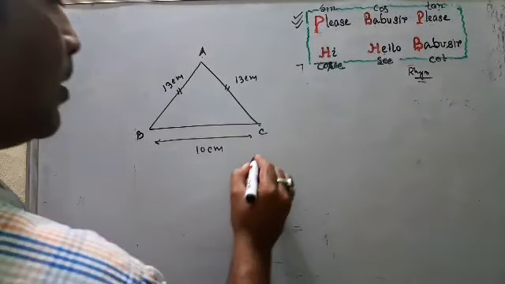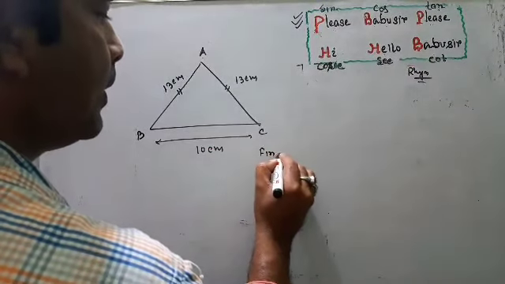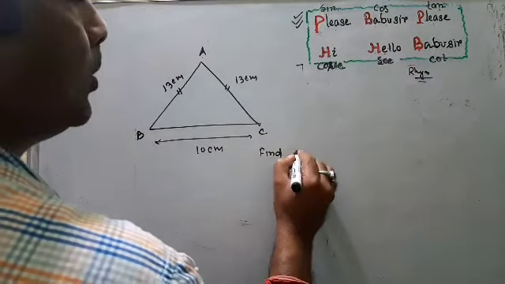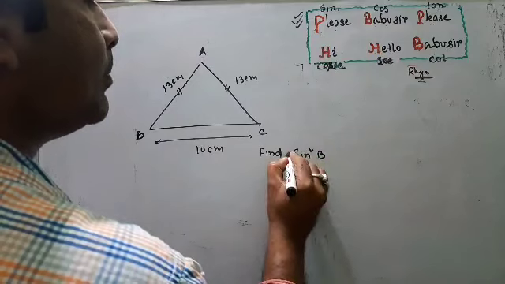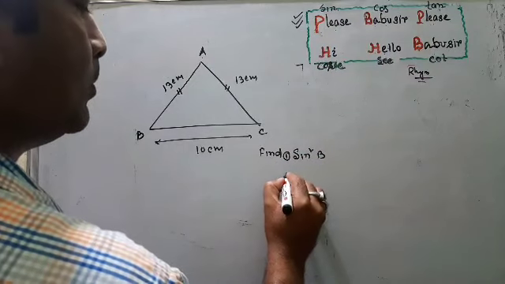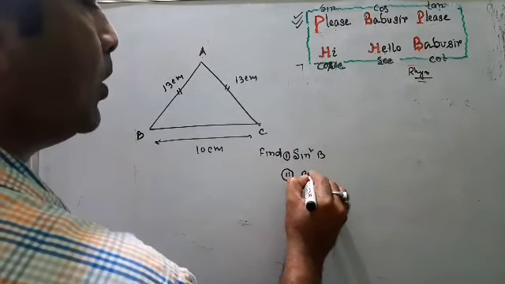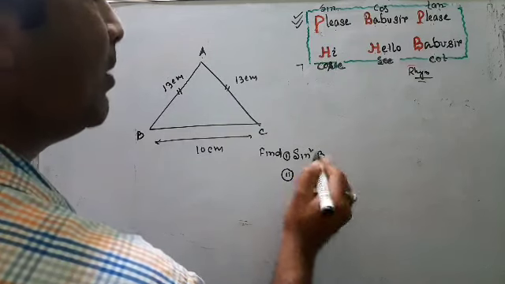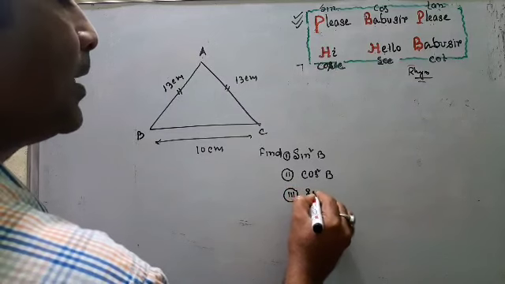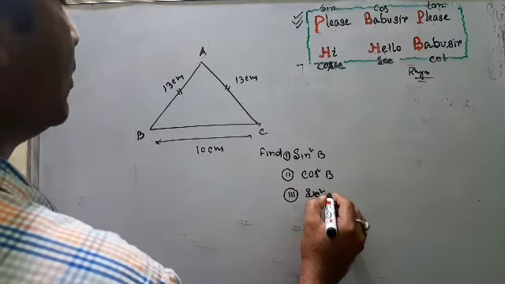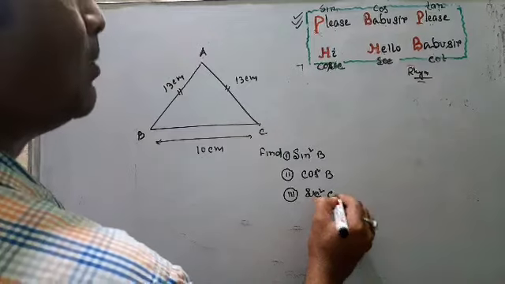And the question is, find sine square B, find cos square B, like this. Suppose find sec square C, like this.